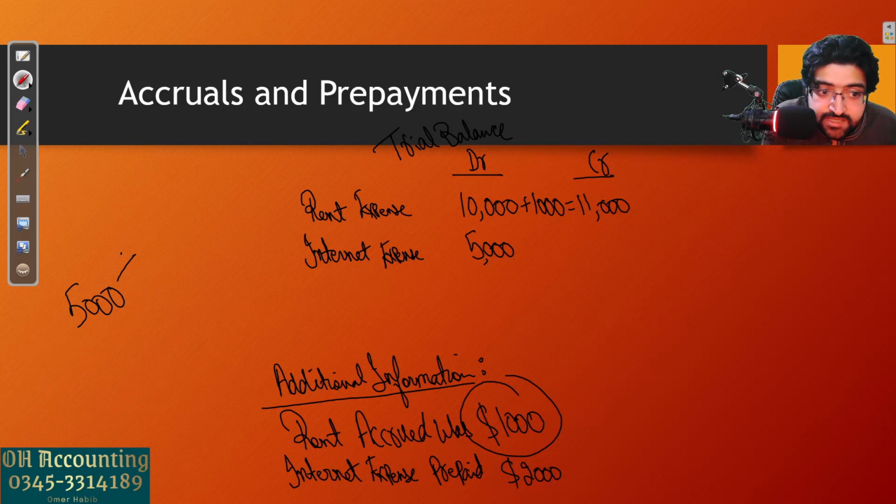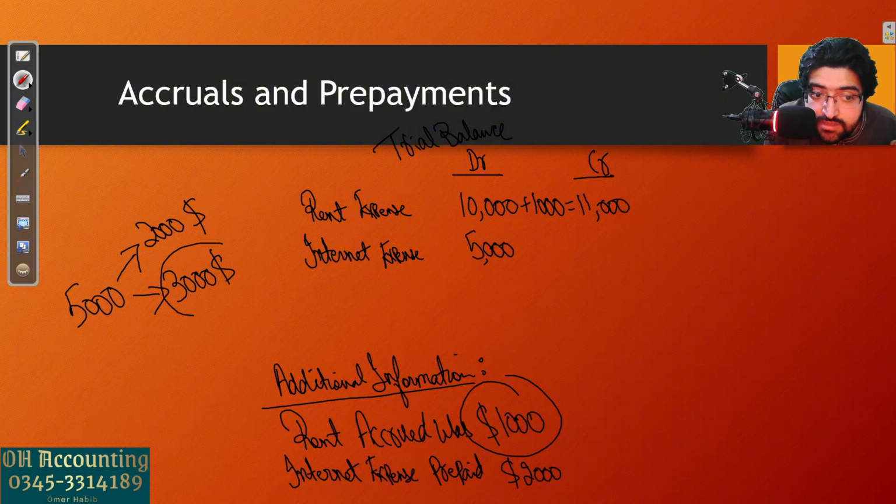Okay, which simply means that out of this 5,000 you have paid 2,000 for the coming year in advance, and only 3,000 belonged to this year. So your actual internet expense for the current year was $3,000. Okay, let's say this is 2024, and this $2,000 is paid for 2025 in advance.